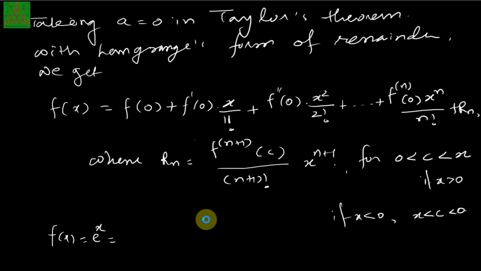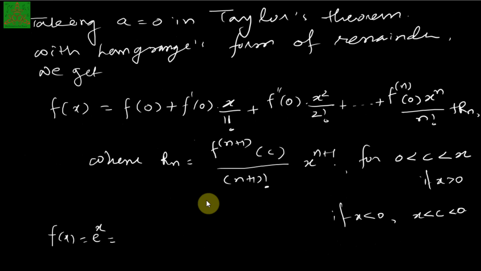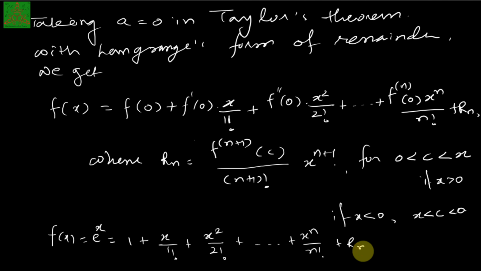That means we can substitute here that f n at 0 will be e power 0, which gives me 1 for all n belonging to N. So for all derivatives the function value is 1, so that's why this will give me 1 plus x upon 1 factorial plus x square upon 2 factorial and so on up to x power n upon n factorial plus Rn, where this Rn will have its n plus 1 derivative at c.